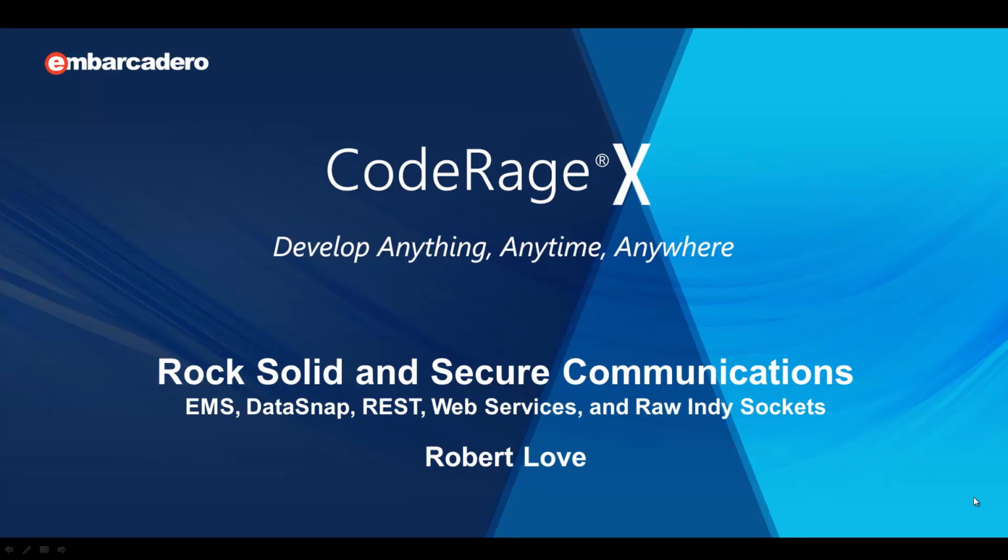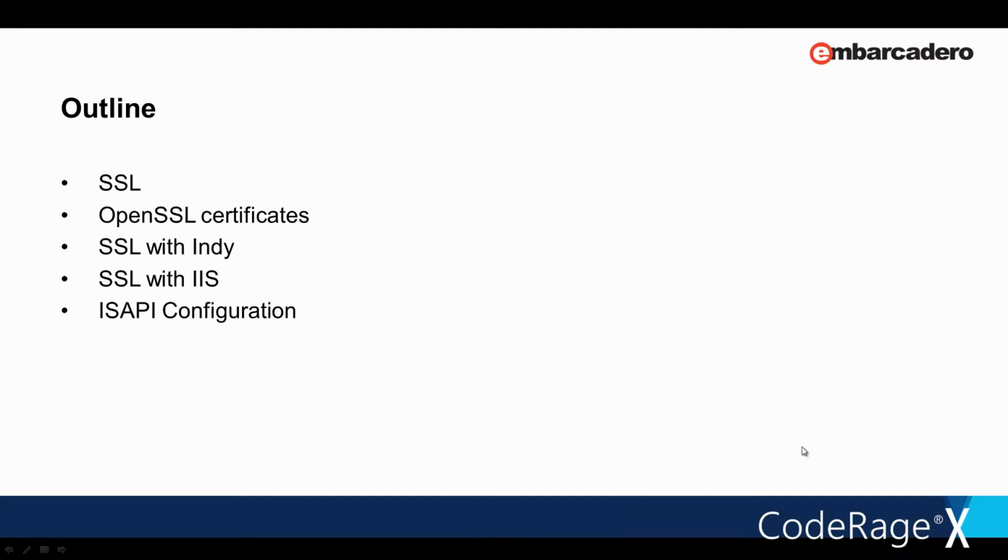And so with that, we are going to go into a little outline. We're going to talk a little bit about SSL and how it works as a protocol. Really not how it works, but more along the lines of what options you might need to choose within it. Then we'll talk about some OpenSSL and how certificates can work with OpenSSL.